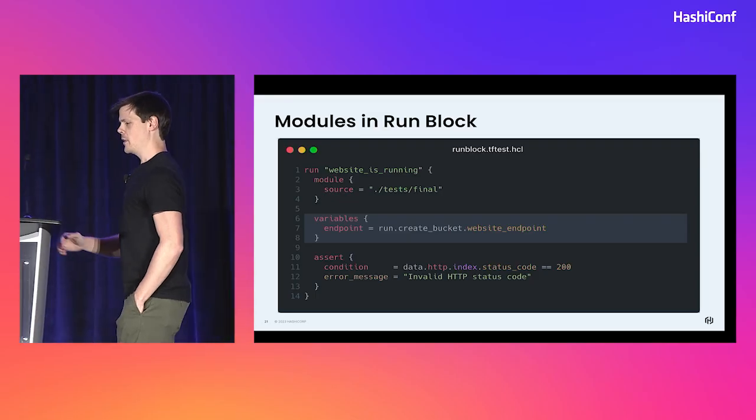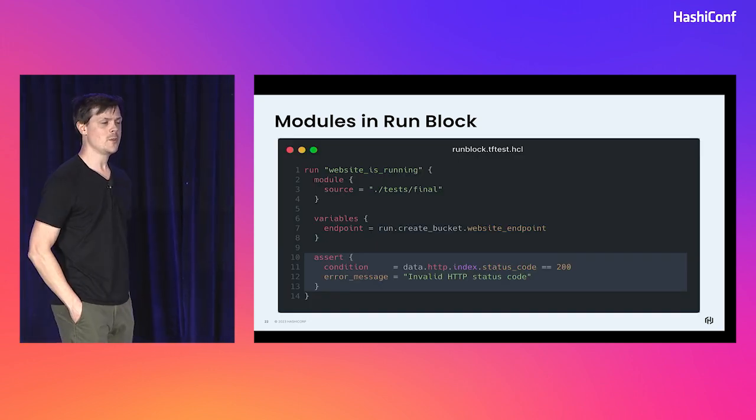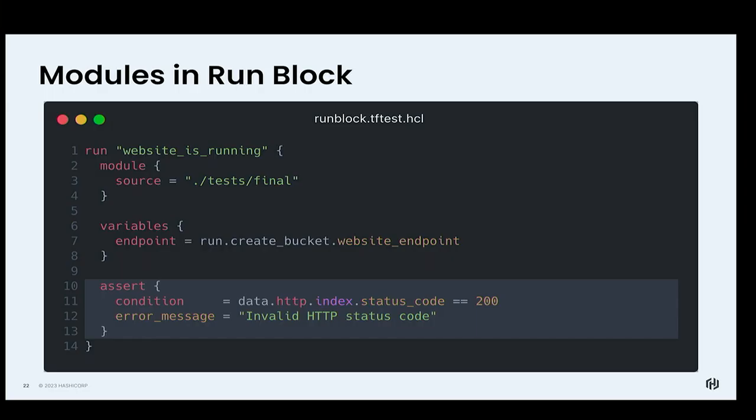And then we have our assert block, which will do the assertion against this helper module. In our case, we are taking a look at the status code property of that HTTP data source, checking to make sure it's 200, to say everything's okay, it's responding to requests, and if not, it will say invalid HTTP status code.